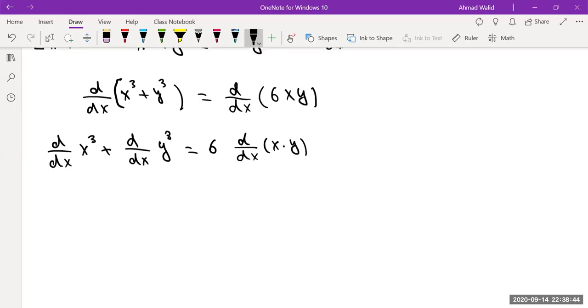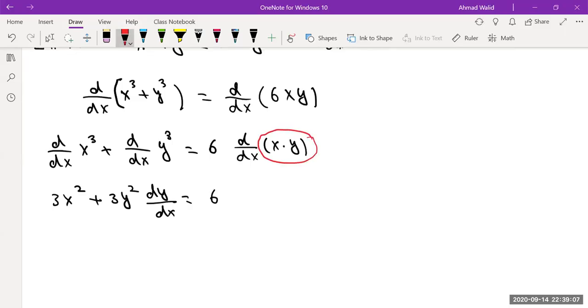Now, on the left, d dx of x cubed gives you 3x squared plus d dx of y cubed gives you 3y squared, but I have to keep what? dy dx equals 6. Here, look at the important part. Do not miss it.